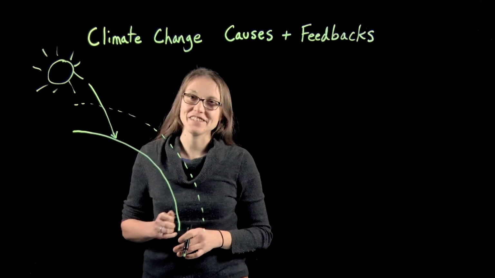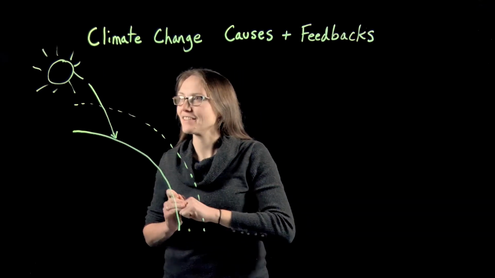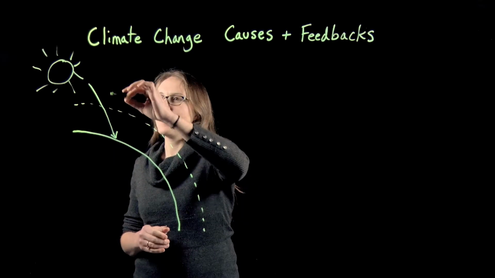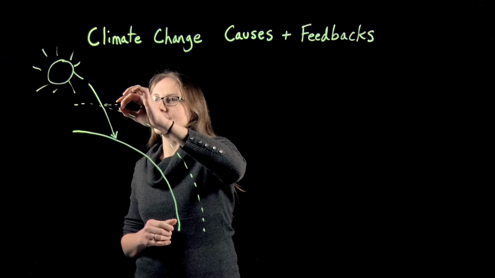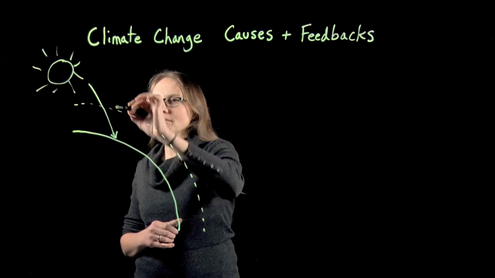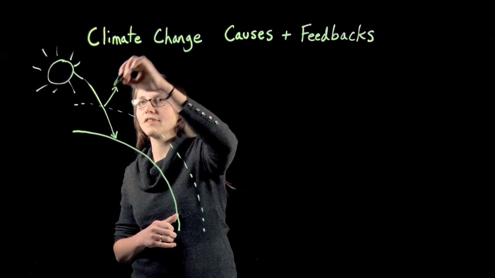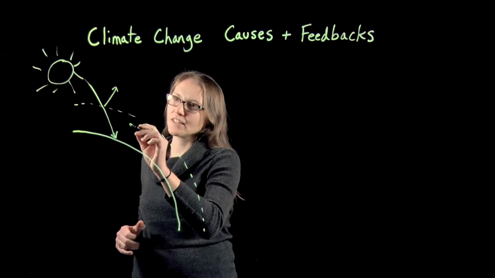It doesn't actually deliver it. It's a passive process, right? We just happen to be in the path. And some of that energy goes all the way through our atmosphere and some bounces off of clouds and stuff like that and is reflected back into space.